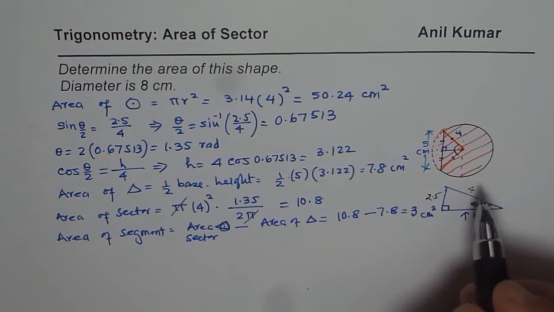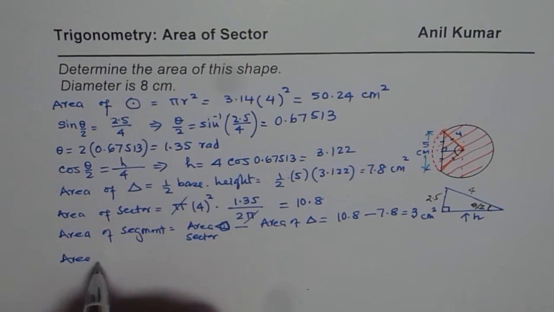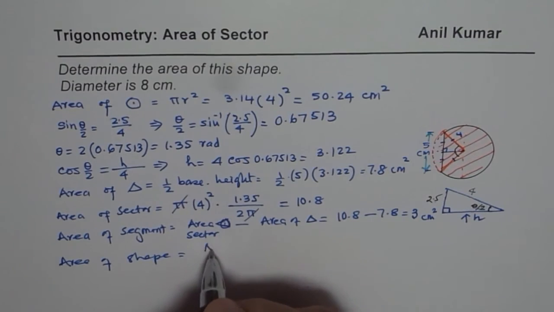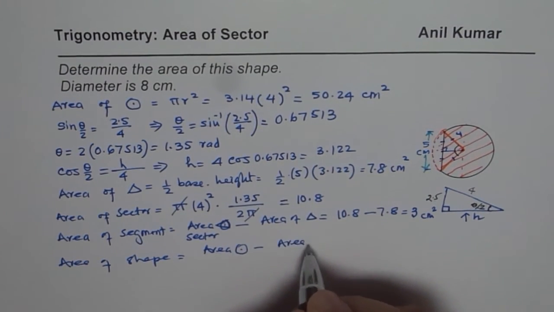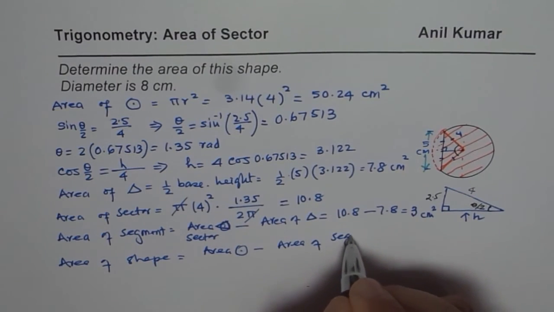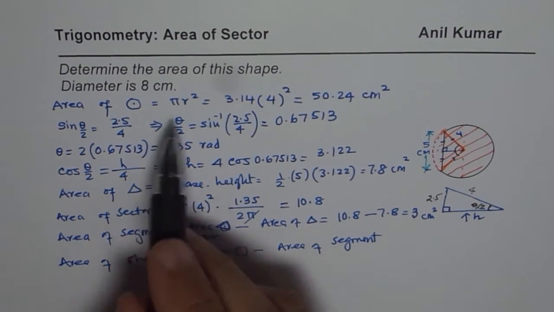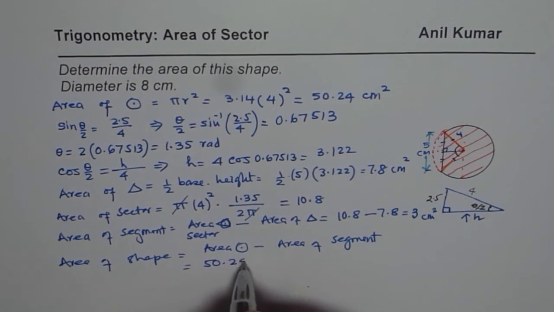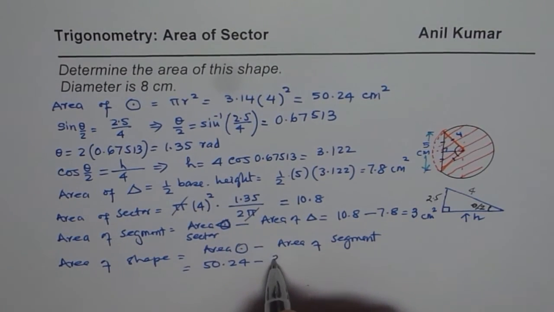Perfect. So what is the area of the total shape now? Area of shape is equal to area of full circle minus area of segment. Is it okay? Area of circle we just found, pi r square, which is 50.24, minus area of segment, which we calculated as 3 units.